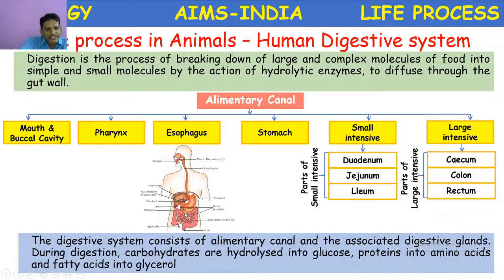During digestion, carbohydrates are hydrolyzed into glucose by the action of amylase enzyme, and proteins are digested into amino acids by the action of proteolytic enzymes like trypsin, chymotrypsin, amylopsin, etc. Next, fats are digested by the action of lipase enzyme. Fats are finally converted to fatty acids and glycerol.